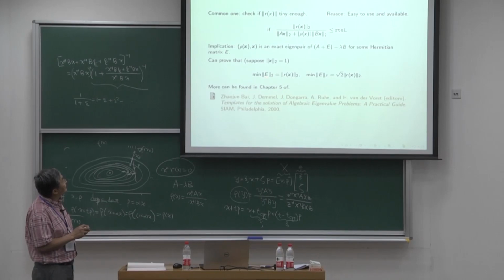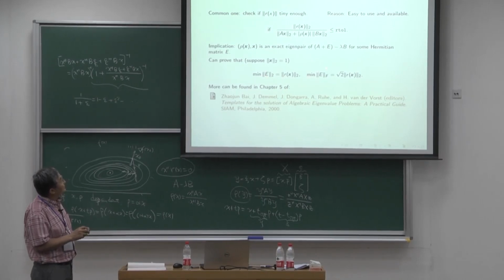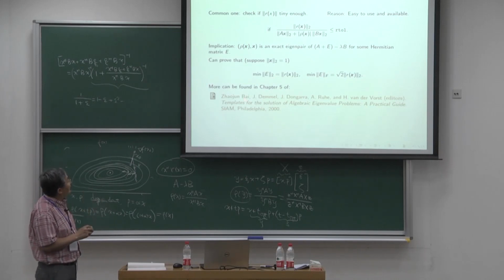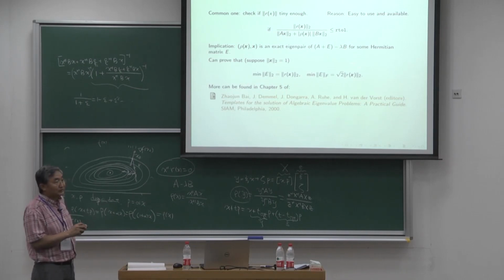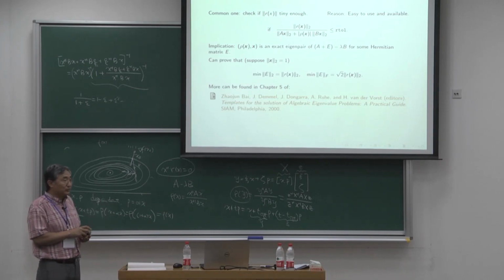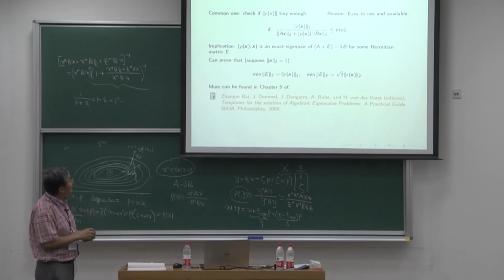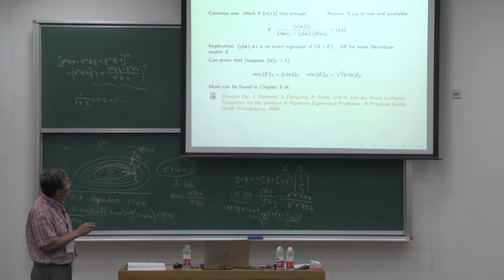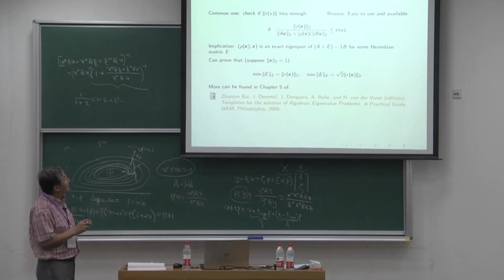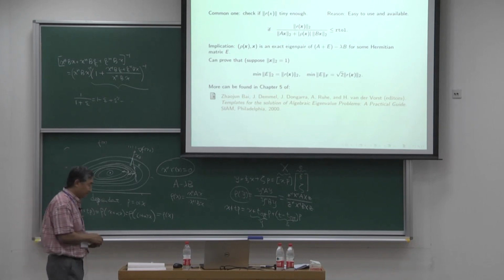This E is a Hermitian matrix, so-called looking everything backwards. And there are more results of this kind that can be useful to interpret the accuracy of a computed number in this now widely cited book called Templates for the Solution of Algebraic Eigenvalue Problems. Again, look at chapter 5 on that. Okay.